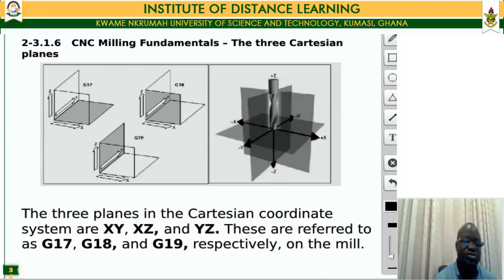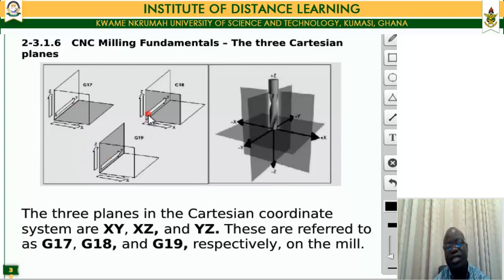So, if for instance you are machining in an XY plane, then if you are going to program your machine, you need to issue a command which is called G17, which shows that your machine is basically working in the XY plane.